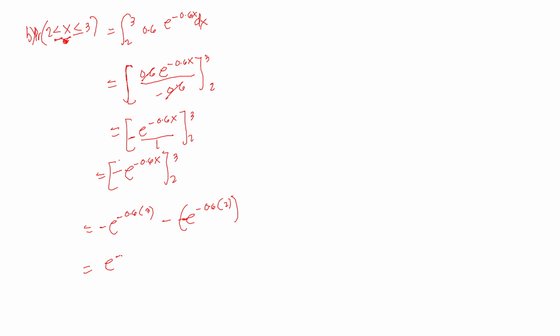So e raised to negative 0.6 times 3, that is negative 1.8, plus e raised to negative 1.2. So just change the sign of the subtrahend.